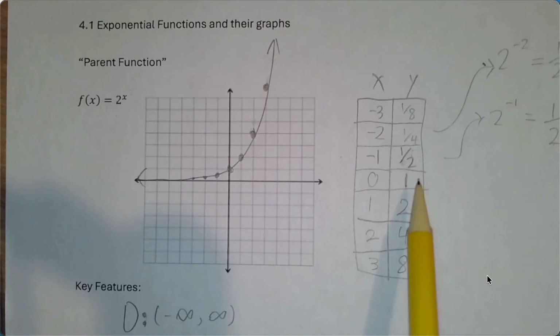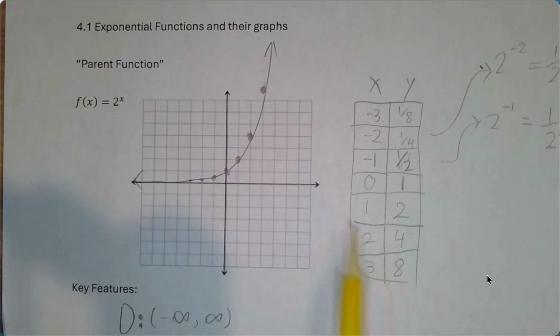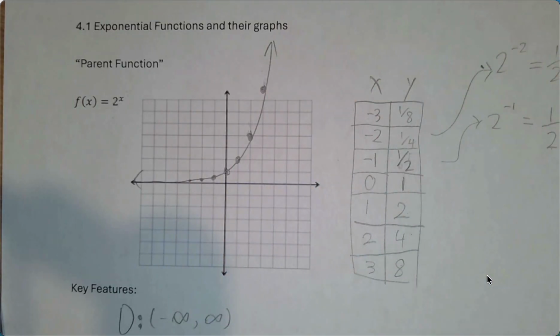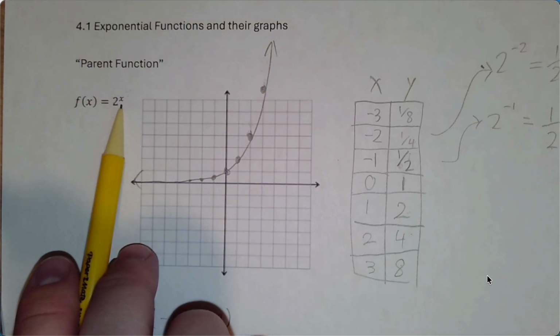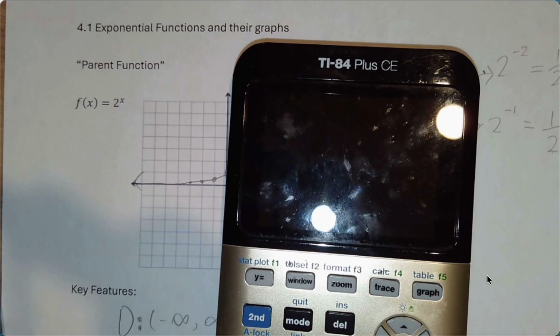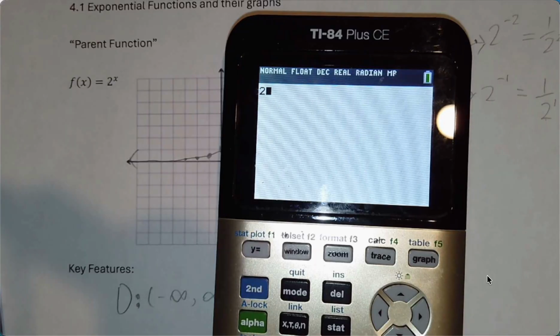Think about it, when you plug in 4, 2 to the 4th is 16. So it's growing even faster. So it does go right forever. It's just going up so fast it doesn't look like it's going right anymore, if that makes sense. But in other words, you can always plug in another positive number. You can plug 32 in here, but because exponentials grow so crazy, if I have 2 to the 32, I'm pretty sure I'm going to get overflow already.